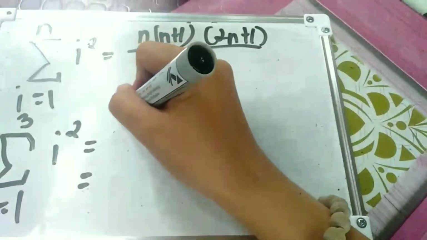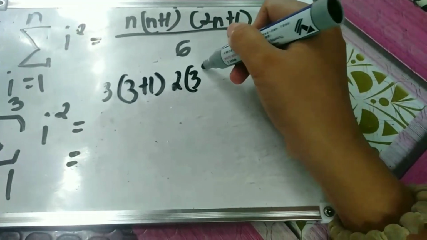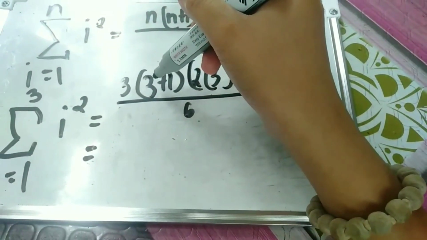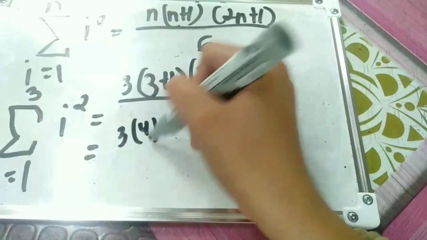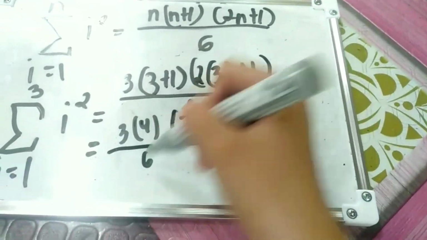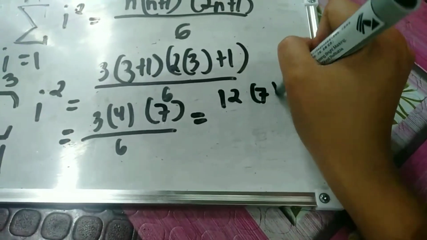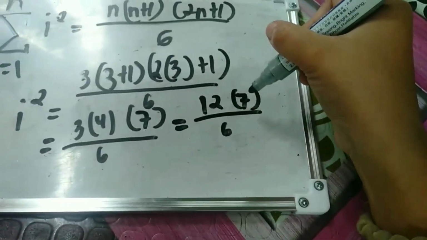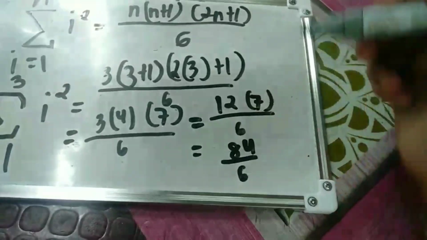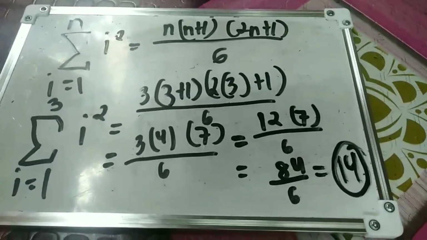So n natin ay 3, and 3 times 3 plus 1 times 2 times 3 plus 1 divided by 6. 3 plus 1 equals 4, and 2 times 3 equals 6 plus 1 equals 7, divided by 6. 3 times 4 equals 12. So 12 times 7 is 84, divided by 6. And 84 divided by 6 is 14. So same siya sa ating sum kanina. So tama yan. Check.